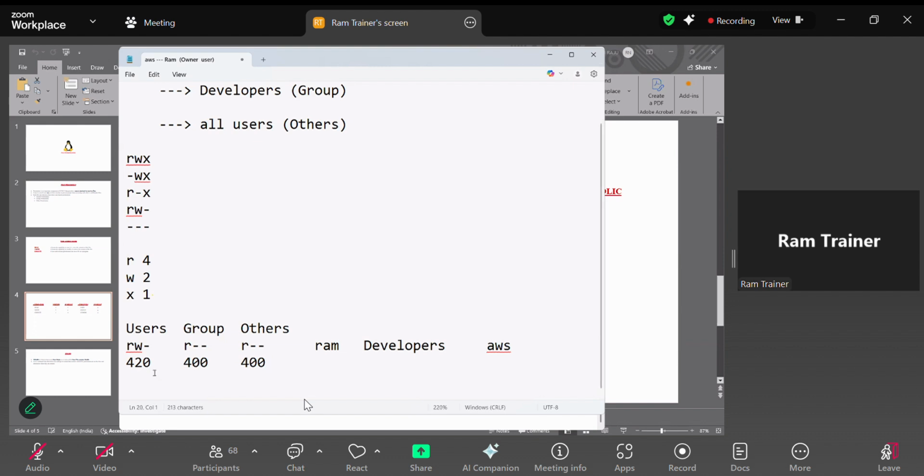People calculate these values: the first is 4 plus 2 plus 0, which is 6. The group level permissions are 4 plus 0 plus 0, which is 4. And 4 plus 0 plus 0 is 4. So now it is 6 4 4 permissions.